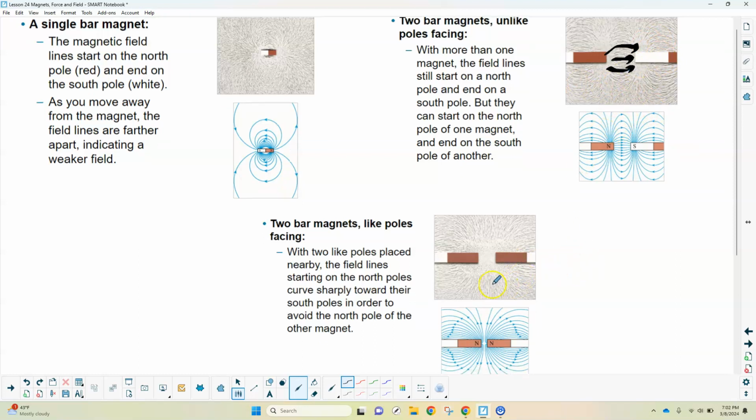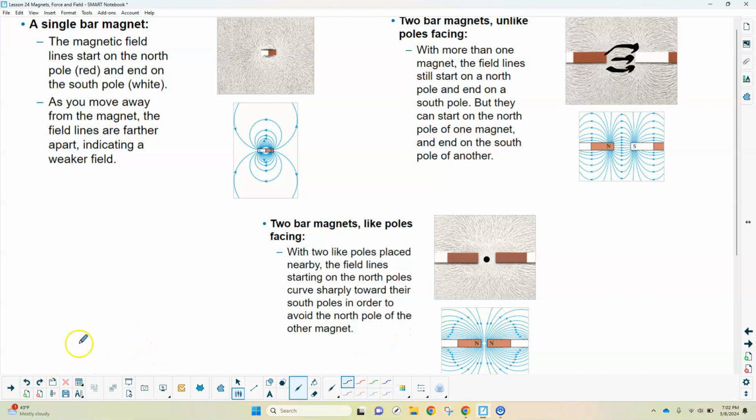If we had two north ends or two like ends towards each other, you can see in the middle there is no magnetic field, because those field lines, similar to electric field lines, can't cross. When they get close together, they're stronger. When they're further apart, they're weaker. So it's a lot of similar ideas that we talked about with electric field. We're just talking about magnetic field, but they are different. So magnetic fields come from magnets, electric fields come from charges. So very different ideas so far.